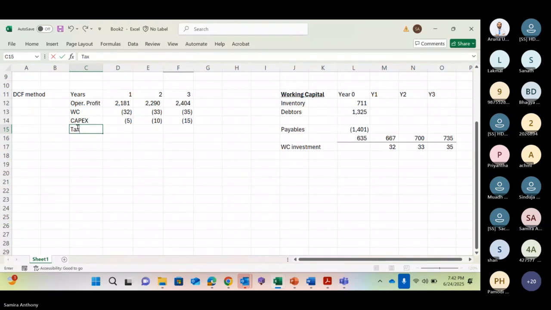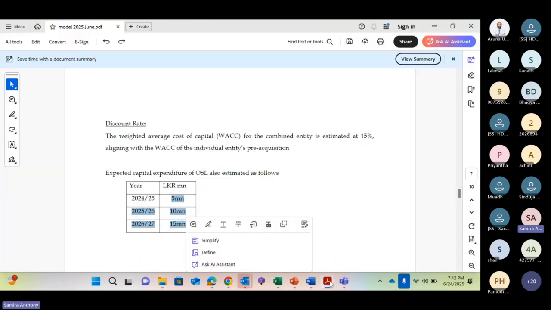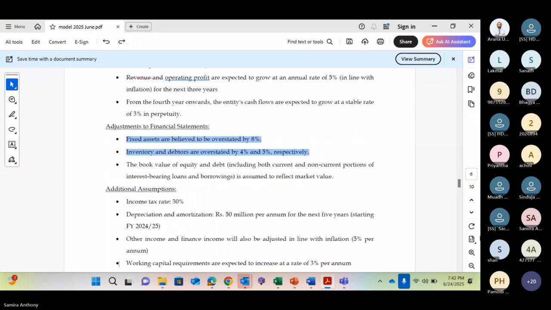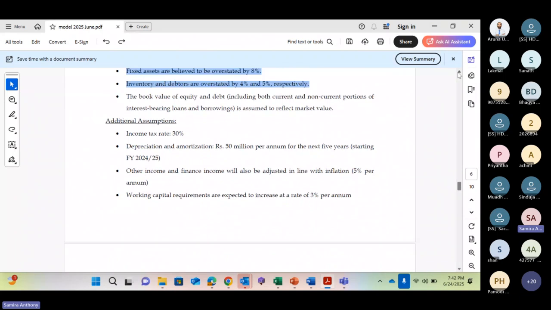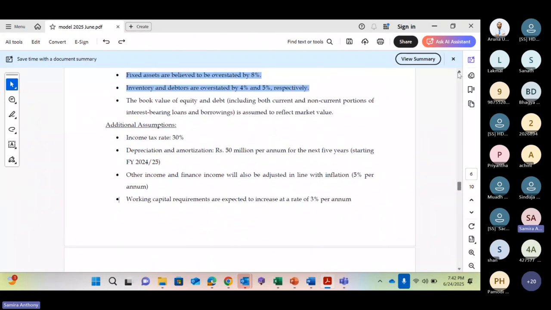Tax. Here they mention that your income tax rate is 30%. Now you have to calculate income tax at 30%.